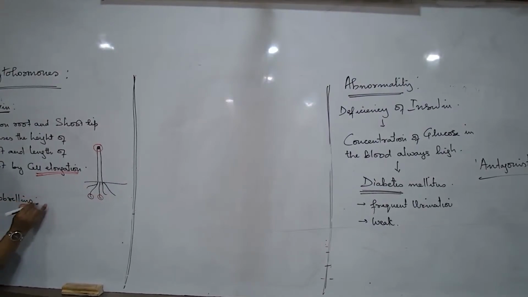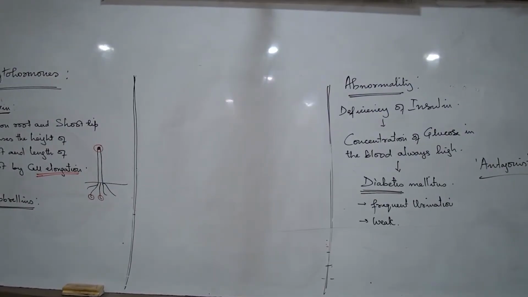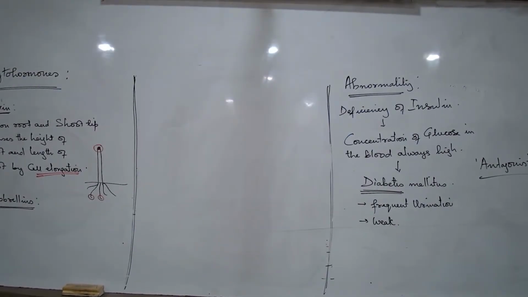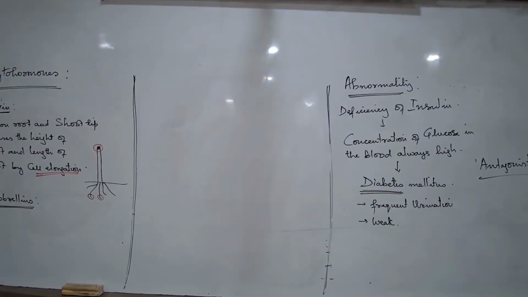Gibberellins or gibberellic acid, that is the second hormone of the plant. Where does this hormone act? This hormone generally acts on the stem and the root.